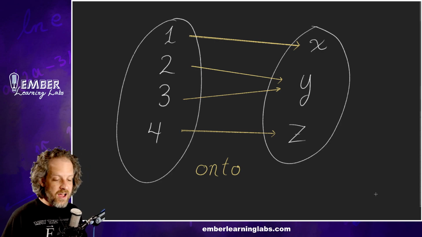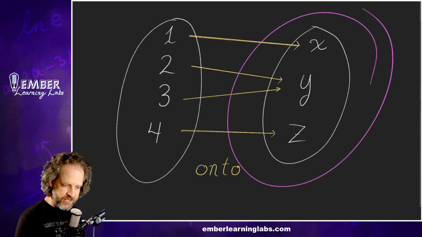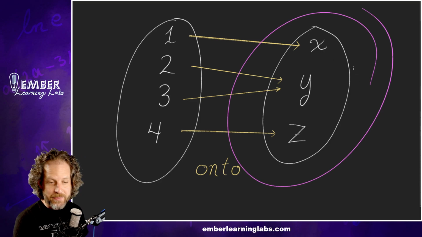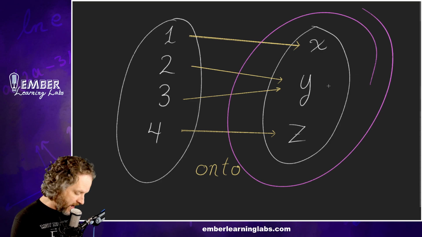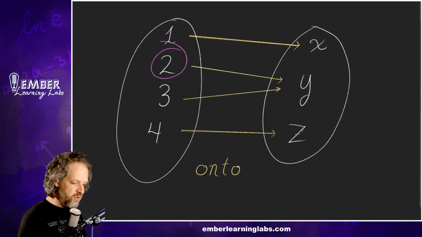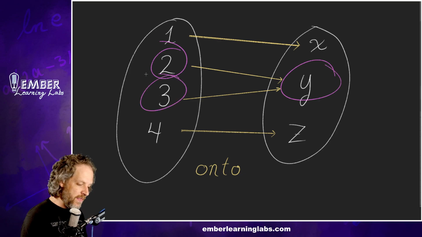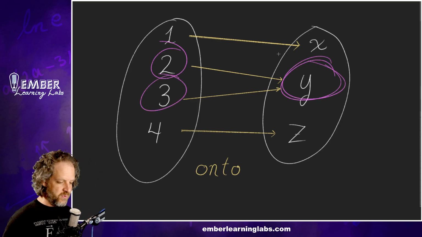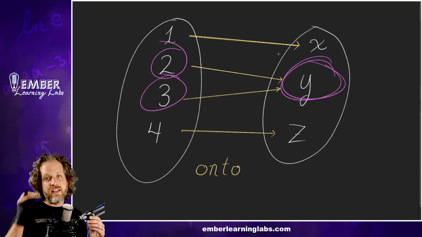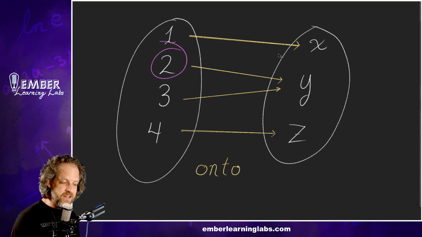Anyway, an on-to function is one where every member of the range is mapped, has something coming to it. You'll notice this particular on-to function has the 2 mapped to a y, and the 3 is also mapped to a y. It's important to note that this is still a function.